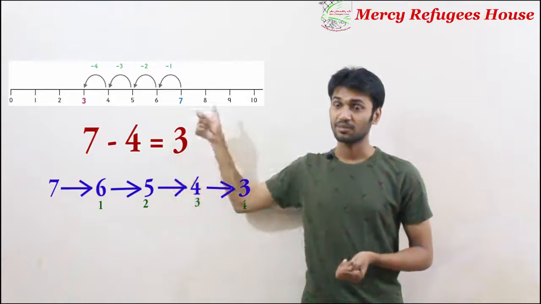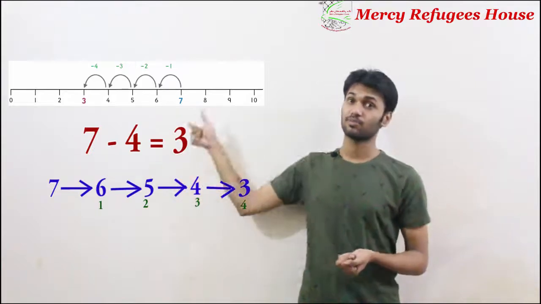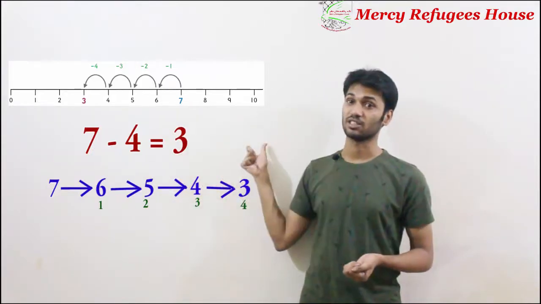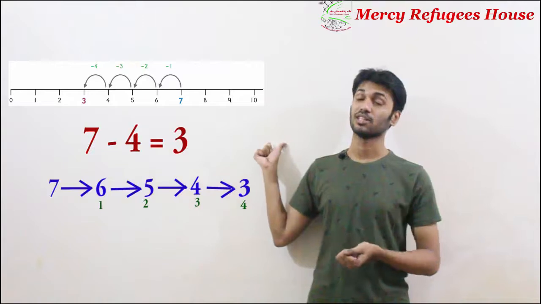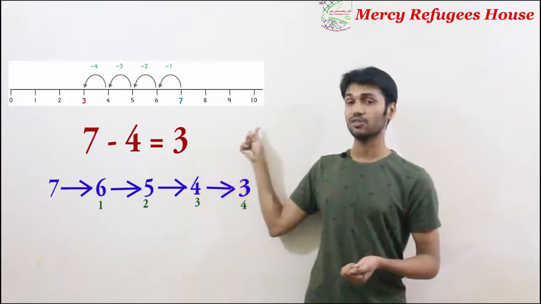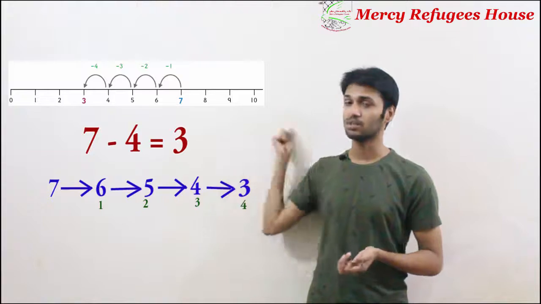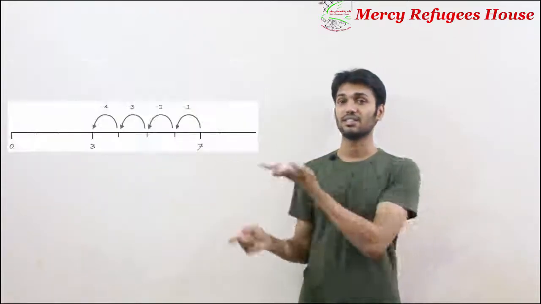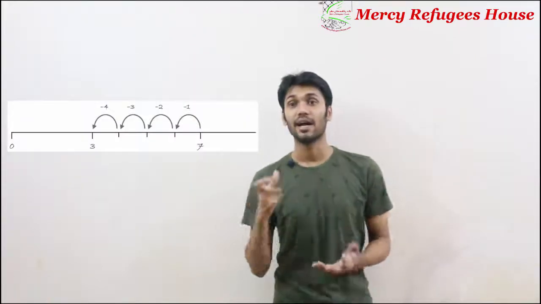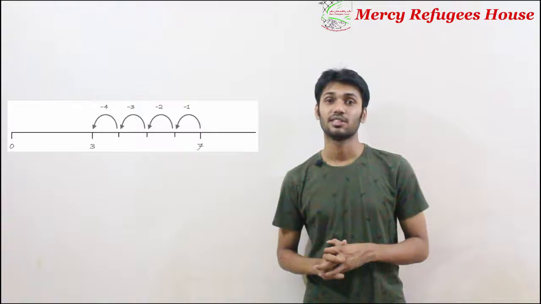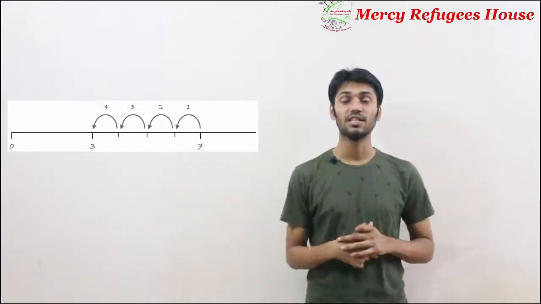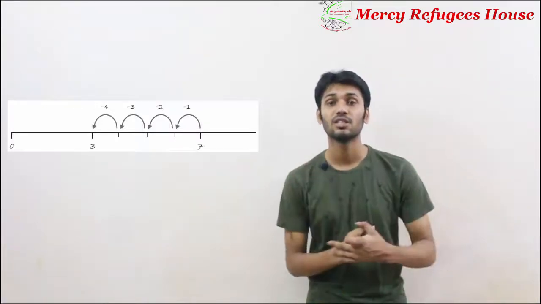That means 7, before that comes 6, before that comes 5, before that comes 4, and then before it comes 3. 1, 2, 3, 4. You are subtracting 4 from 7 and you are left with 3. Look at this next scale, it is giving clear details. From this one you can see that you are left with 3. I hope you guys are understanding this one.